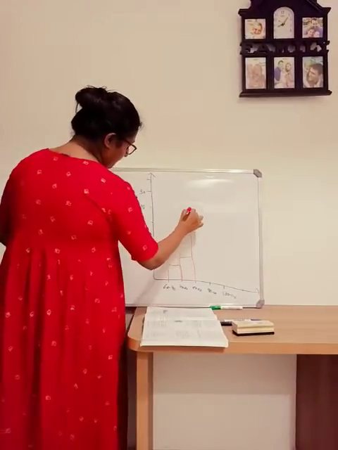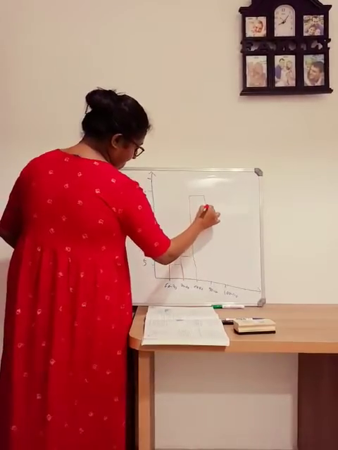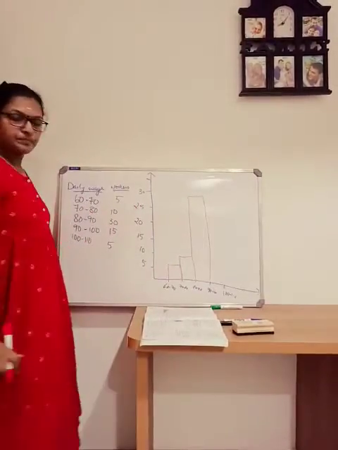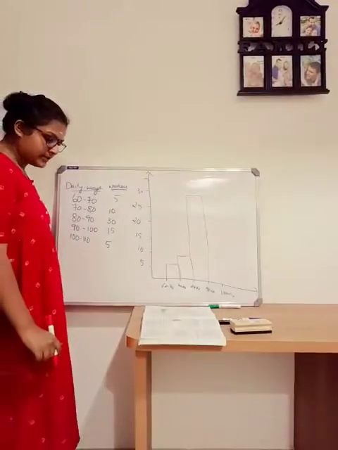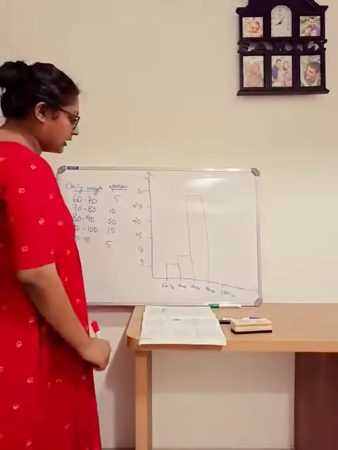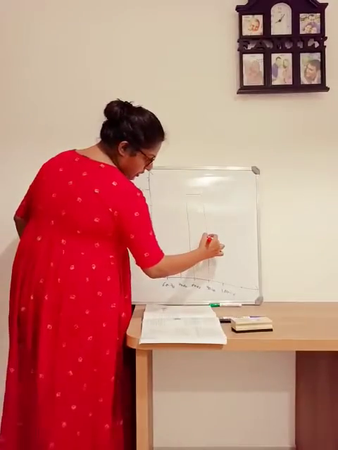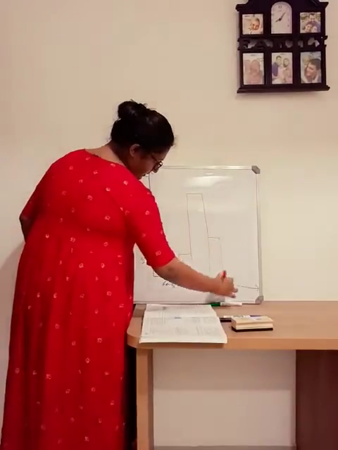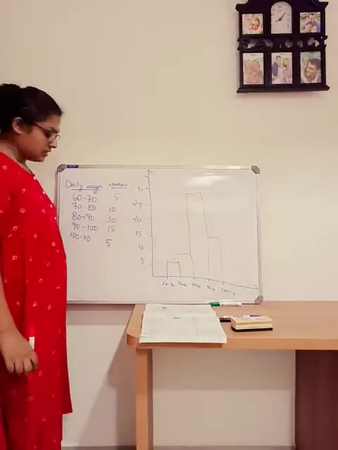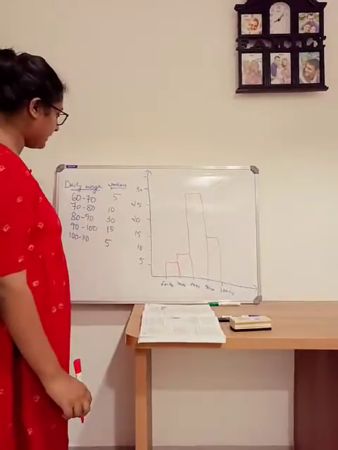Understood? Next is 90 to 100, which is 15. Understood? Next, 100 to 110 is 5.